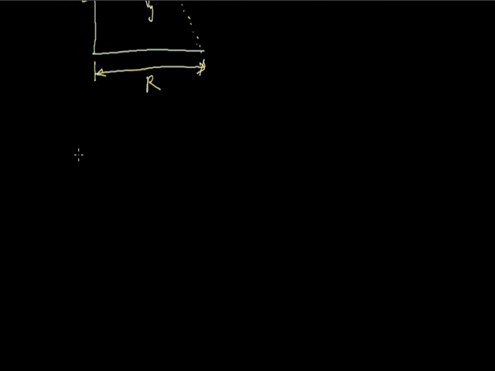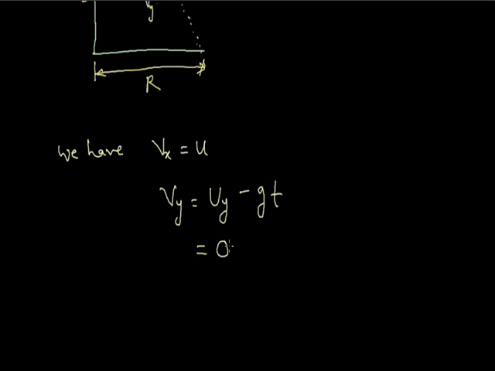We have v_x equals u, and v_y equals u_y minus g t. We already know u_y, the velocity component in the vertical direction, is 0, so v_y will be minus g t.